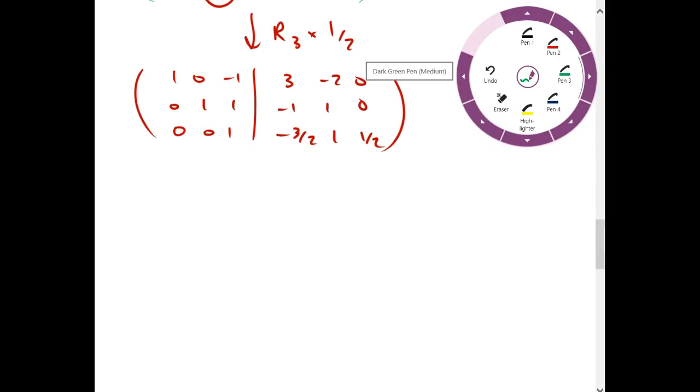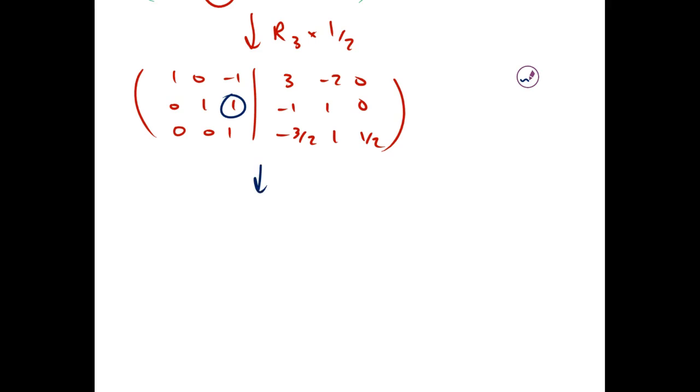And now we want to clear the space above it, so we're going to get 0 here. Let's get the top row first. We're going to take R1 and add R3 to it. So we get 1, 0, 0, 3/2, negative 1, 1/2. And the other rows are unchanged.